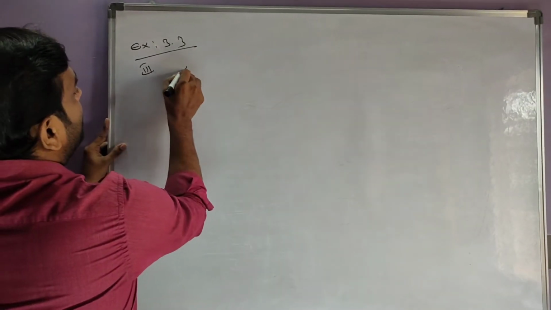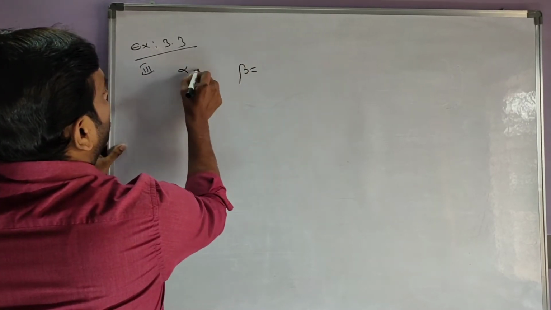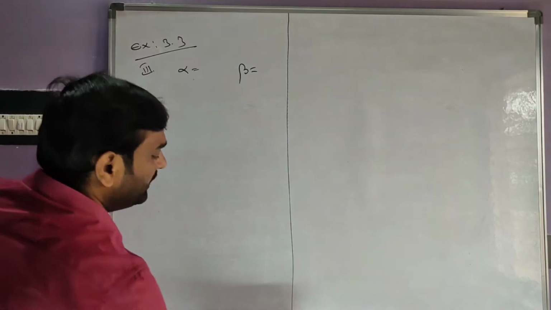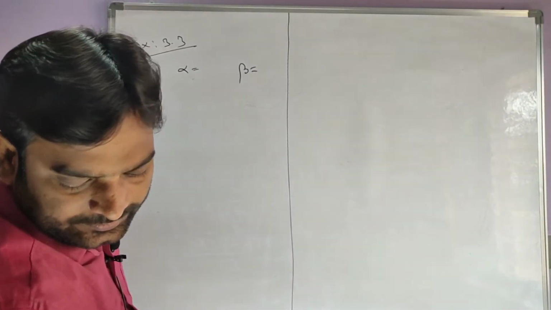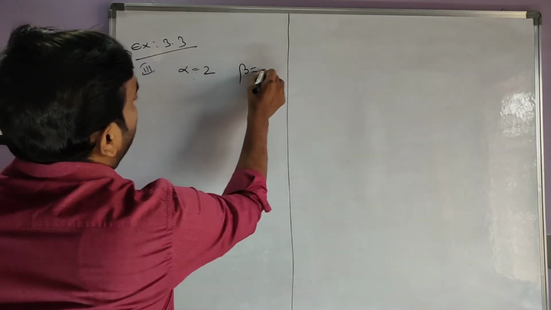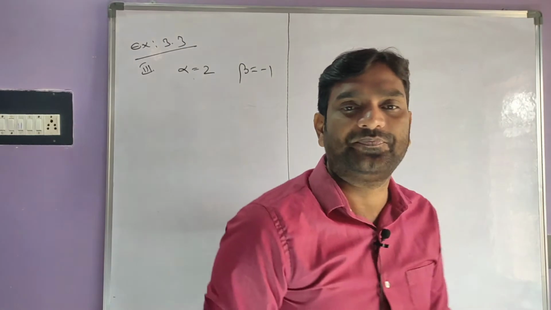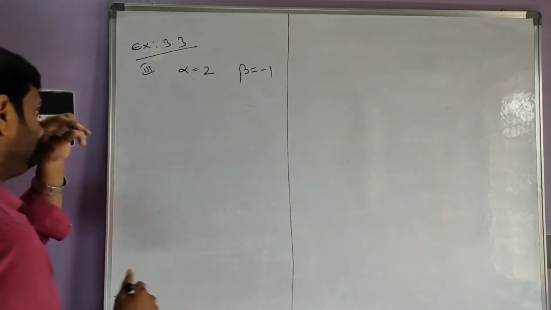Third bit. If you are given alpha and beta, then find the quadratic polynomial. Given 2 and minus 1. Take one as alpha and the other as beta.